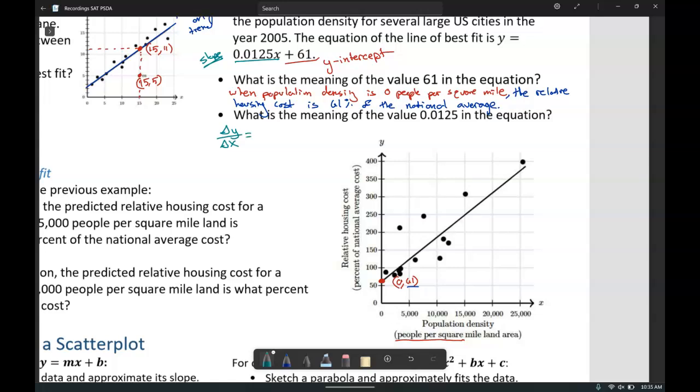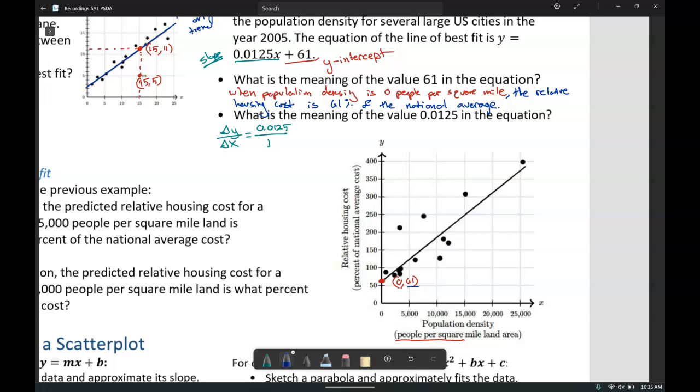So what we're looking at here is that our slope is written as a unit rate of 0.0125 divided by 1. Any number can be written as a unit rate by putting it under 1 if it's not already a fraction. And so here we have to think about the unit for our y values.